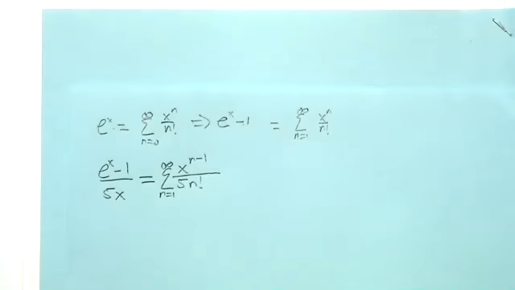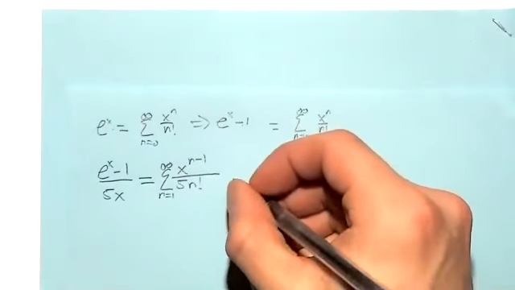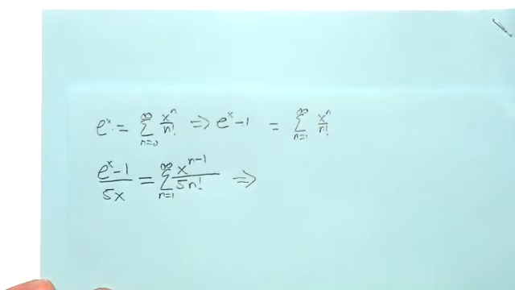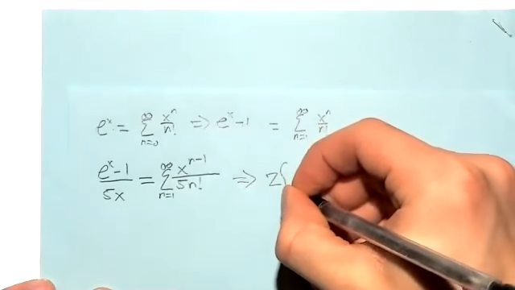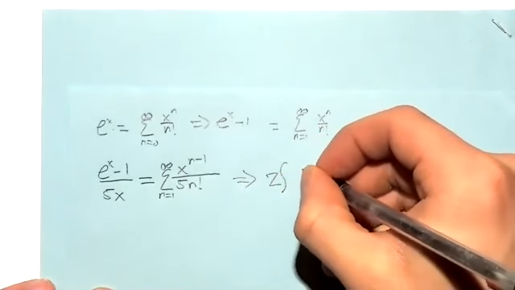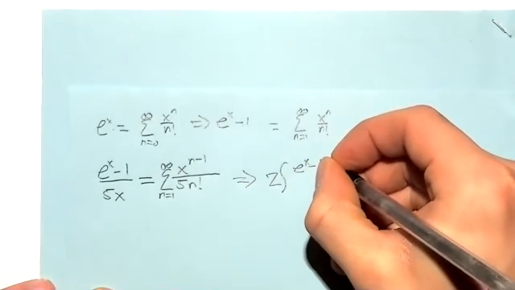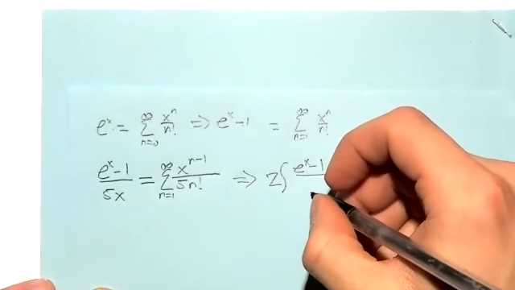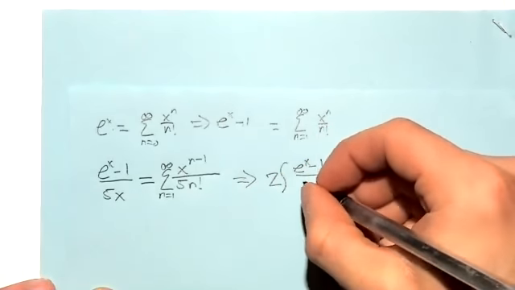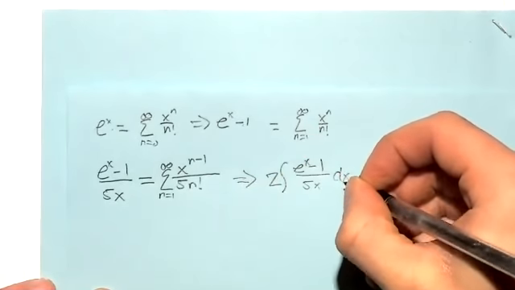Okay. From here, we can start to think about our whole integral. We have 2 times the integral of (e^x minus 1) over 5x dx.